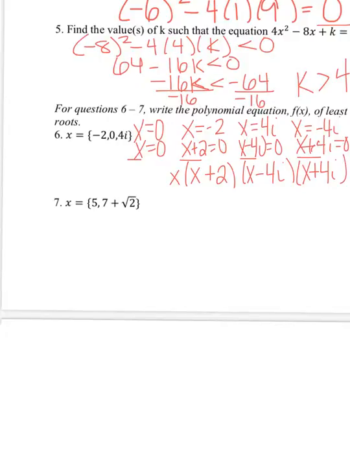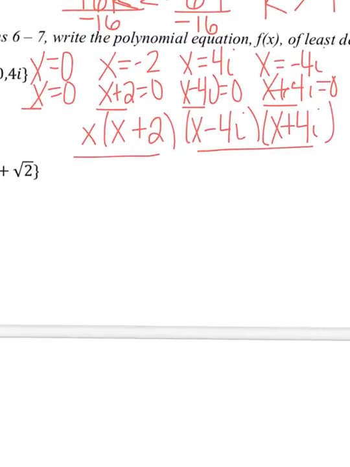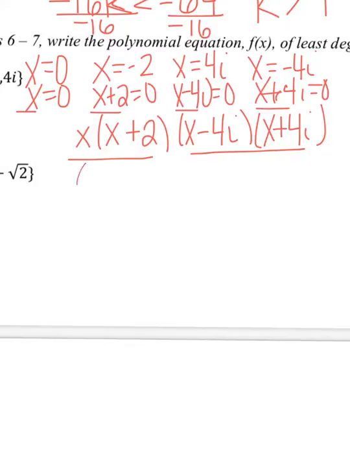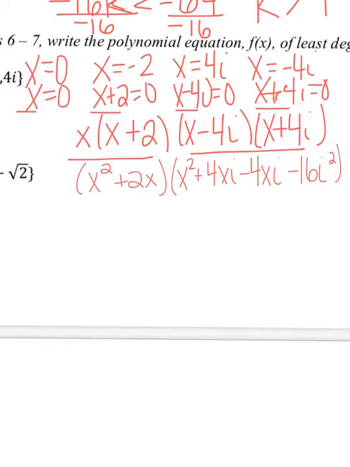Now remember, I told you to multiply the conjugates together. So I'm going to multiply these two together first, and I guess I can multiply these two at the same time. So when I multiply the first two together, this one's nice and easy. I get x squared plus 2x. When I multiply the second set, I get x squared plus 4xi minus 4xi, and then minus 16i squared.